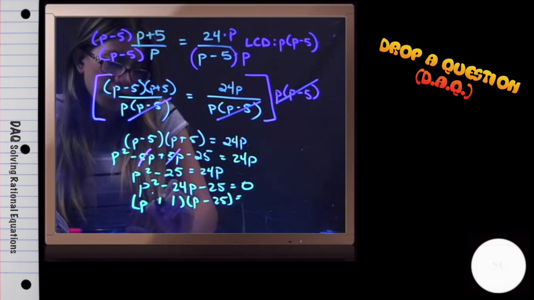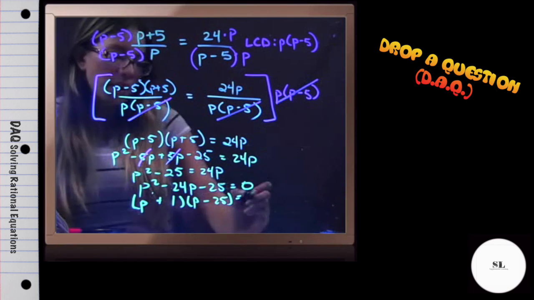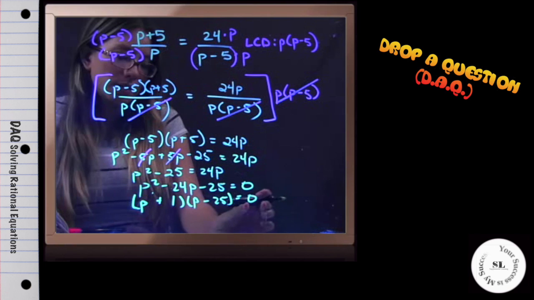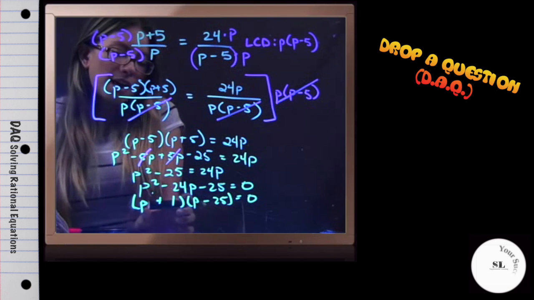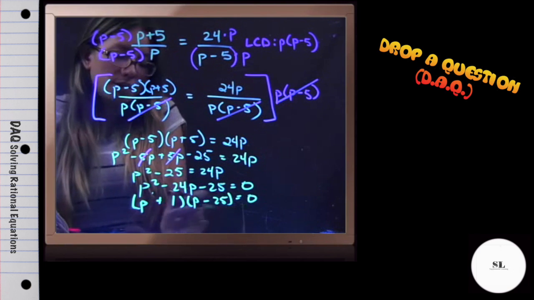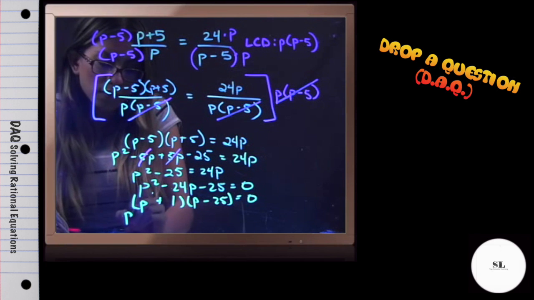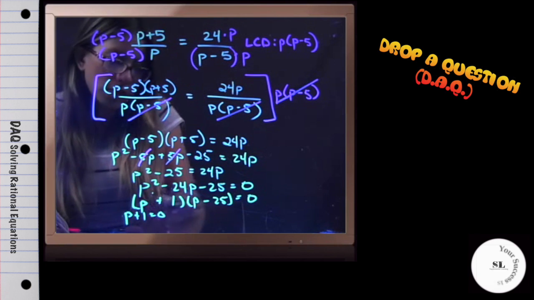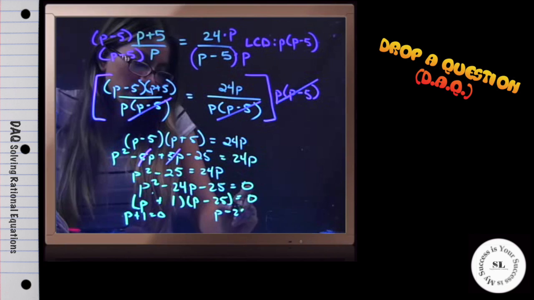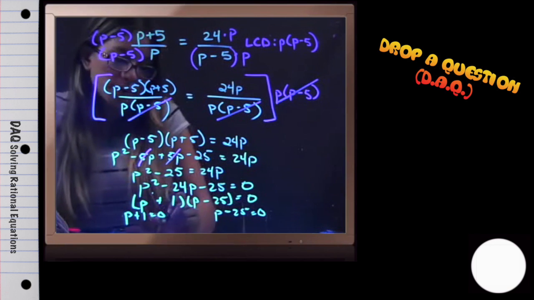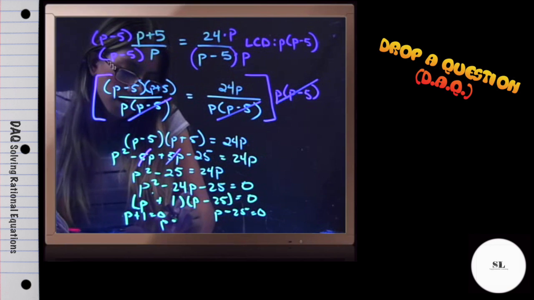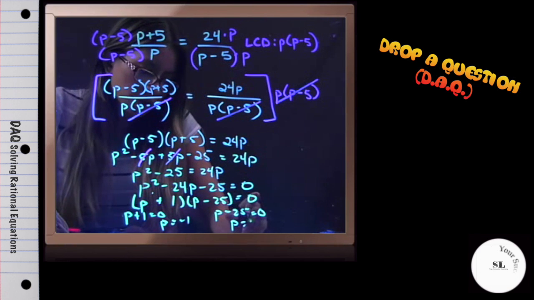Minus 25 plus 1. And if we have those set equal to 0, what can happen now is we can set each factor equal to 0. So P plus 1 is equal to 0. P minus 25 is equal to 0. And when solving for P, we have that P is equal to negative 1 and P is equal to 25.